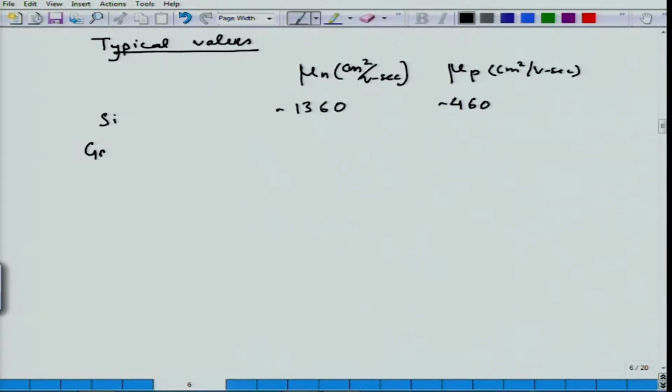In gallium arsenide, this would be 8000 and this would be about 320.